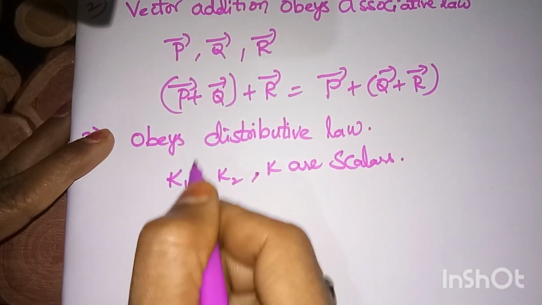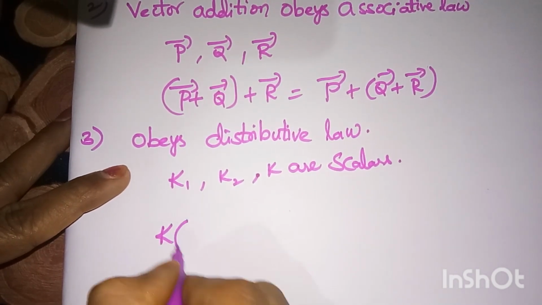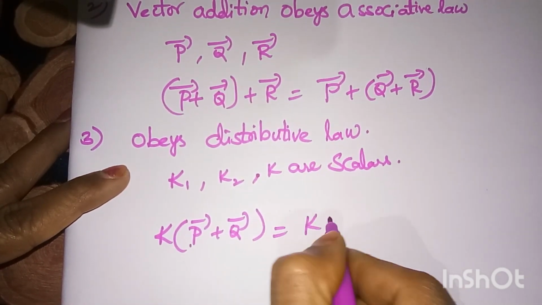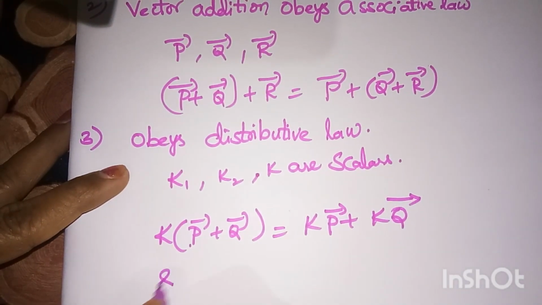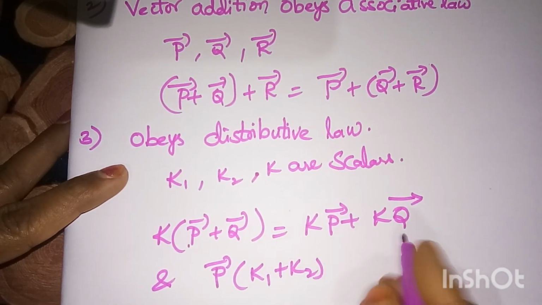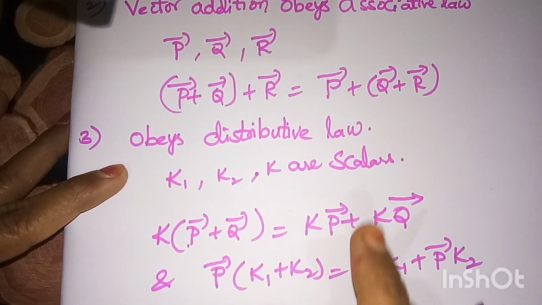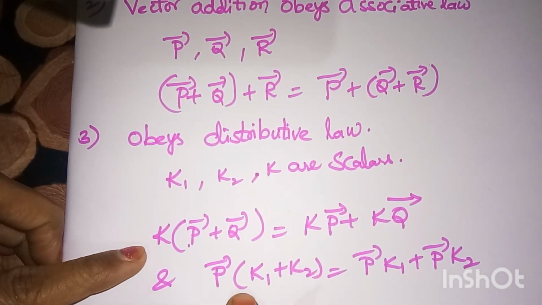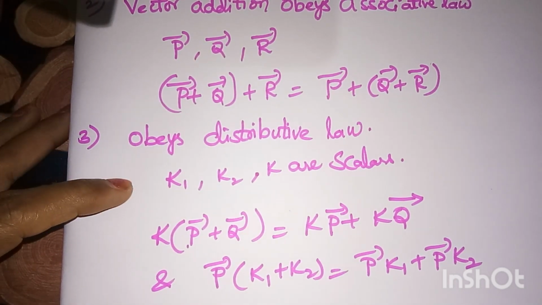So the distributive law can be written as k of p bar plus q bar, where p bar and q bar are two vectors, which equals kp bar plus kq bar, and p bar of k1 plus k2, where k1 and k2 are scalars, equals p bar k1 plus p bar k2. So the distributive law means two vectors and one scalar can be used, or two scalars with one vector can also be used, to obey the distributive law of vector addition.